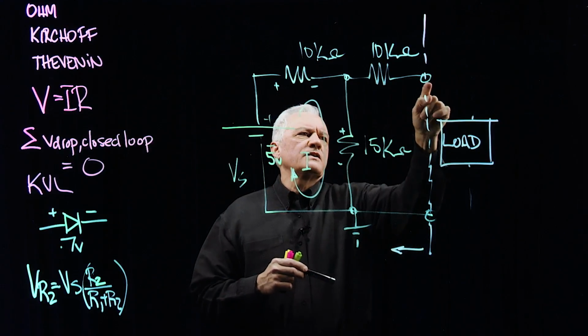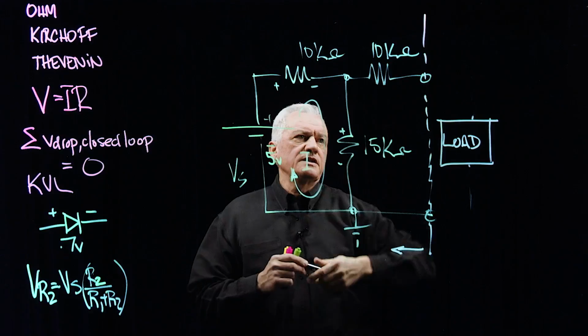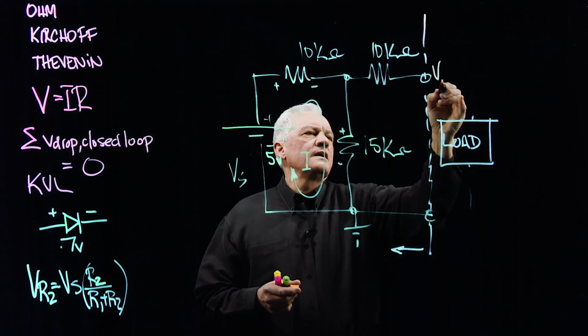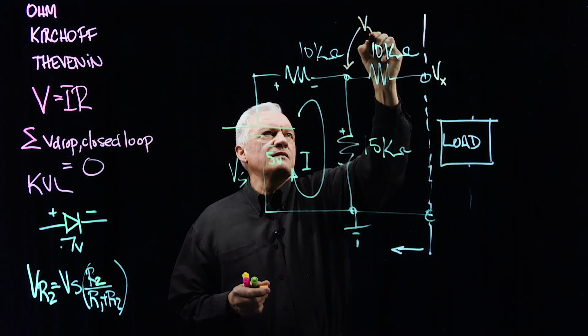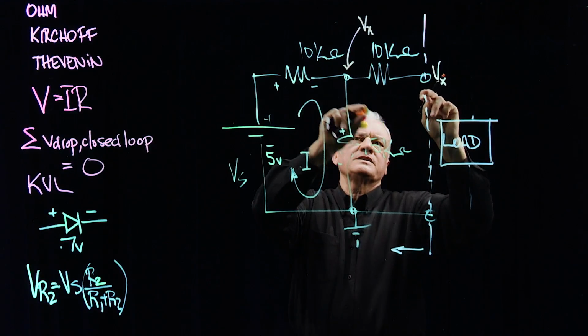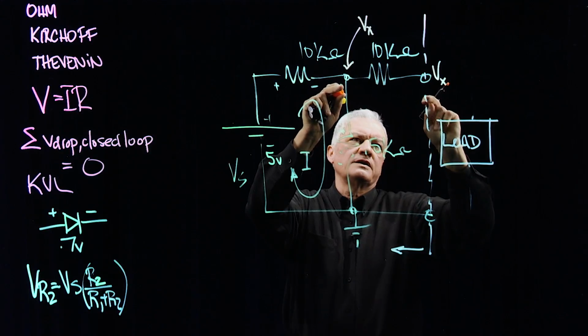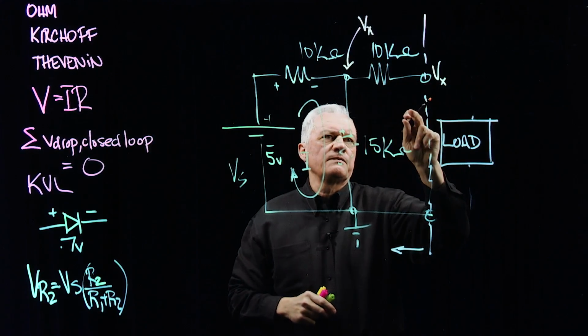Now, do we have a voltage at this point here? The answer is yes. And the voltage at this point here, okay, let's call it Vx, is going to be the same as the voltage at this point here. No current will flow, but the presence of charge, the presence of the pressure pushing the charge, I can see it from this side of this resistor.